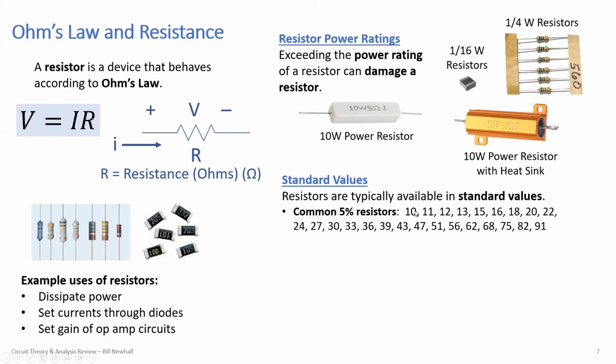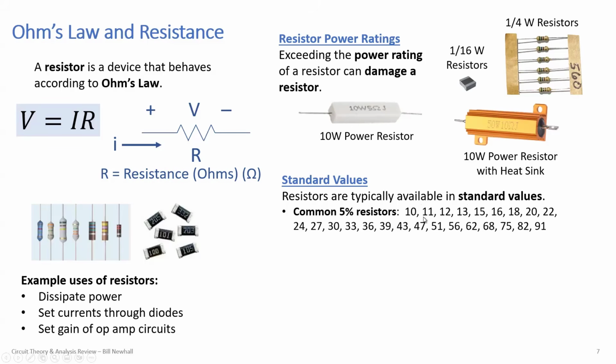You have 10 ohms, 11 ohms, 12 ohms, 13 ohms, or multiply these by 10, 100 ohms, 110 ohms, 120 ohms, 130 ohms, multiply by 100, 1000 ohms, 1100 ohms, 1200 ohms, right? So it goes all the way up from single digit ohms, all the way up to mega ohms, larger, but only in these values times 10 to the n.